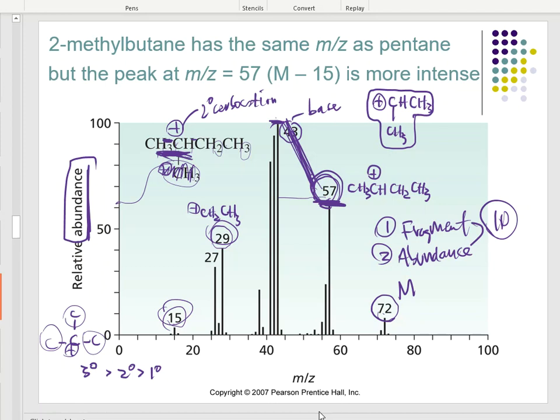You can go into it blinded, inject this sample, have no clue what it is, and like an infrared, it matches the database and says this is the compound that you have. This is why fragmentation pattern and abundance pattern, both of those are used to identify the molecule.